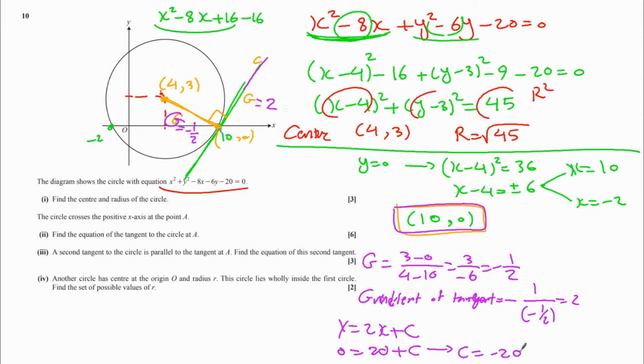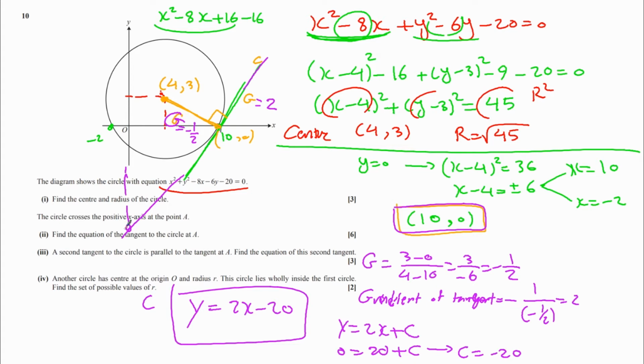Putting it together, the equation is y equals 2x minus 20, and that is the equation of the line C. As you can see, this goes down and somewhere around minus 20 is the y-intercept, so we can have a quick look at the consistency.